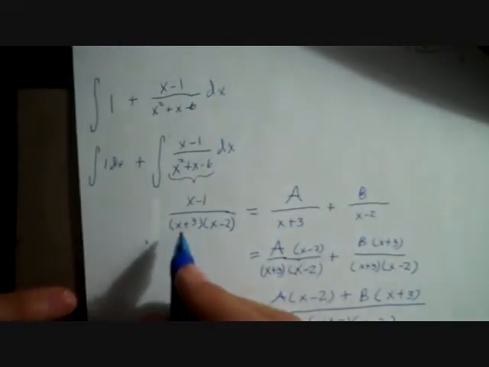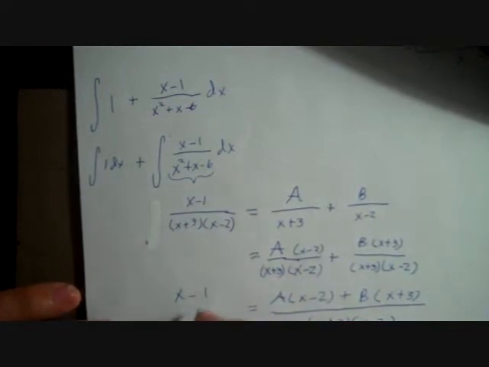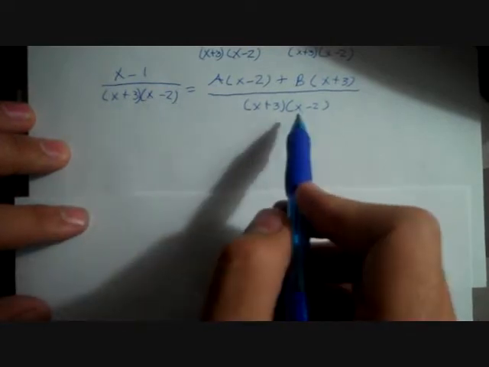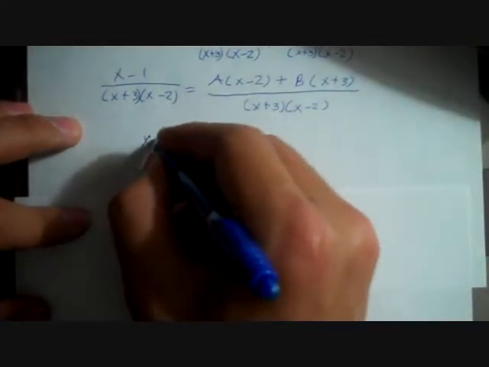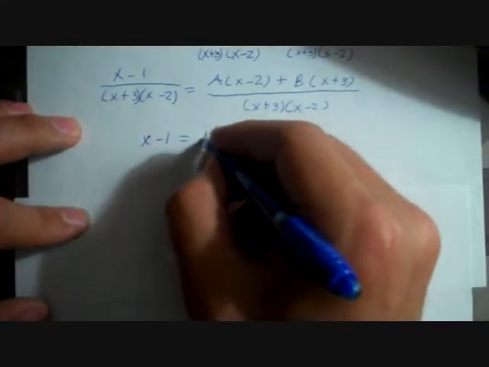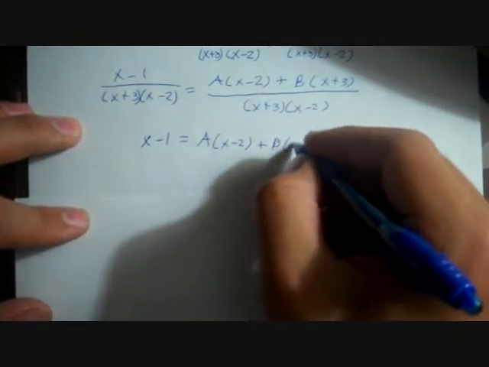And this is equal to our original function, x minus 1 over x plus 3 times x minus 2. Our denominators are equal, so we can cancel them out. Denominators on opposite sides of the equal sign can be canceled out. Then we're left with x minus 1 equals a times x minus 2 plus b times x plus 3.